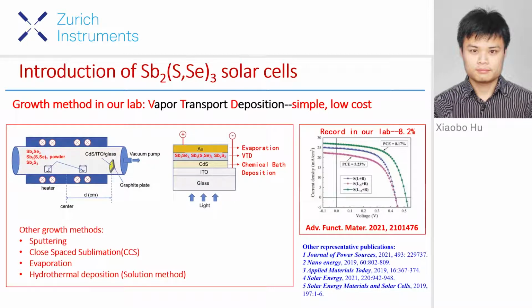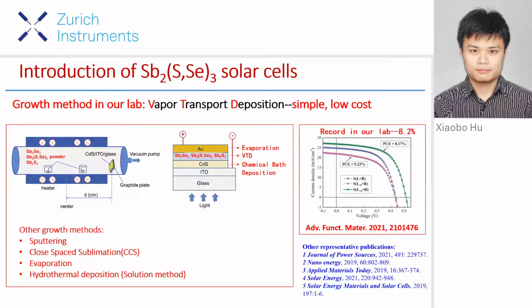And the process of fabricating the solar cell is as follows. The cadmium sulfide buffer layer was deposited on the ITO glass using chemical bath deposition method.